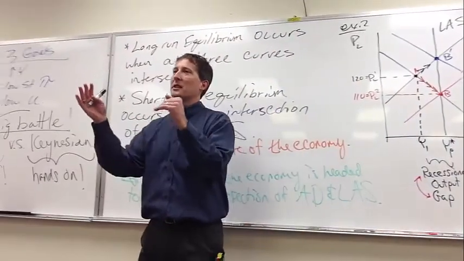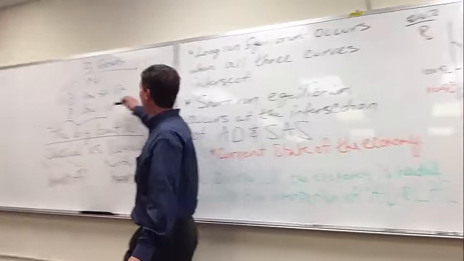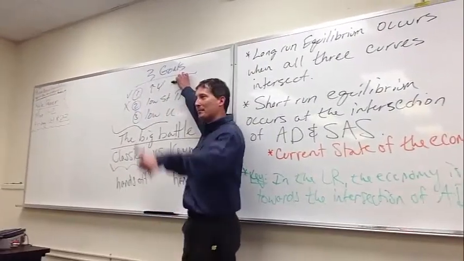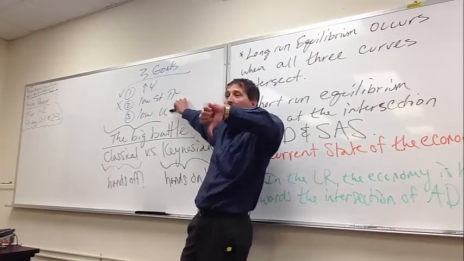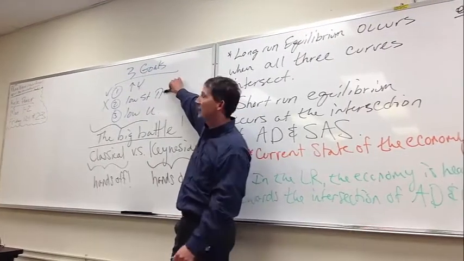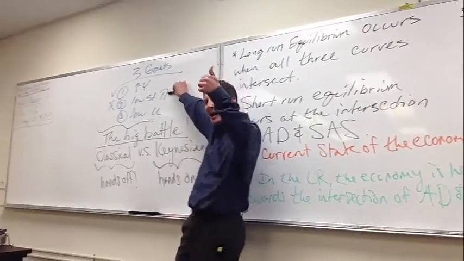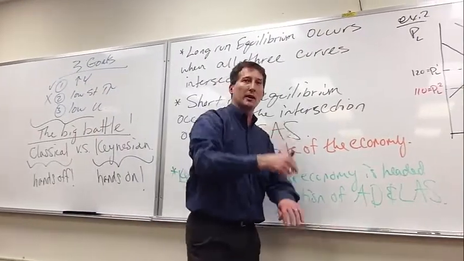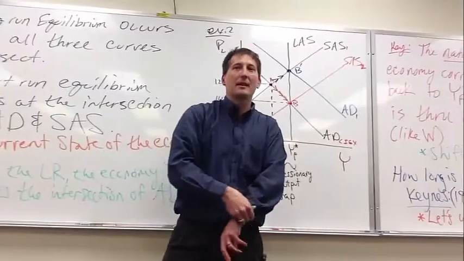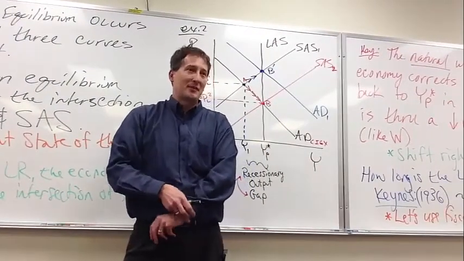It opened up an inflationary gap, which means output went up, thumbs up. Unemployment went down, thumbs up. Inflation went up, not so good. But then what was the long-run adjustment? Just an increase in inflation.